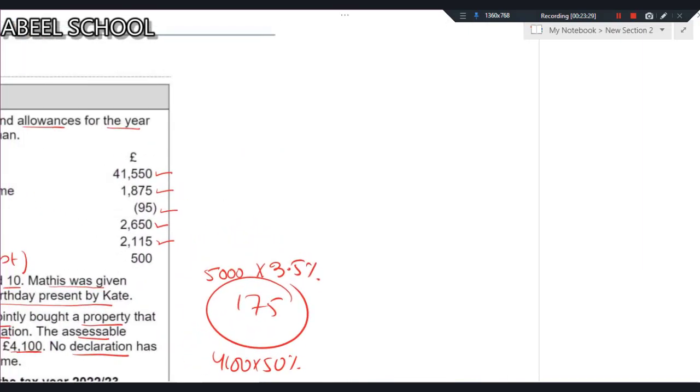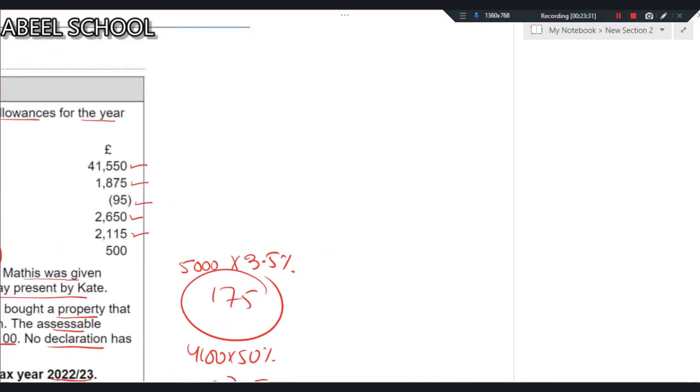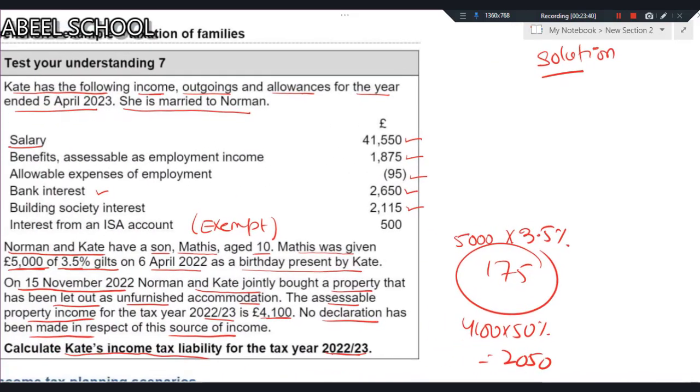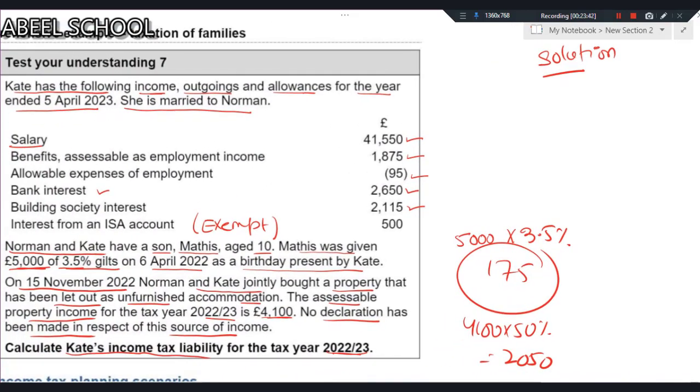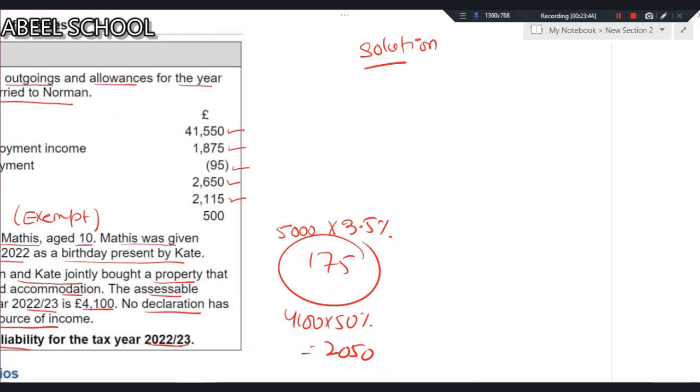Let's see, do we have enough space here? Yes, we have enough space. So I want to solve it here. Now let's try to solve. We can calculate employment income in one go.